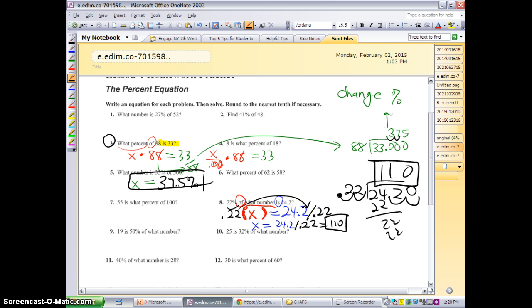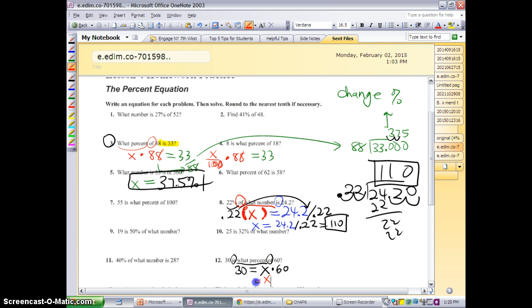Okay, let's try number 12. 30 is what percent of 60? 30 is what percent would mean x of 60. Of means multiply, so I'm going to multiply x with 60. So something times 60 equals 30. Should be able to do that in my head, but let's just work it out.